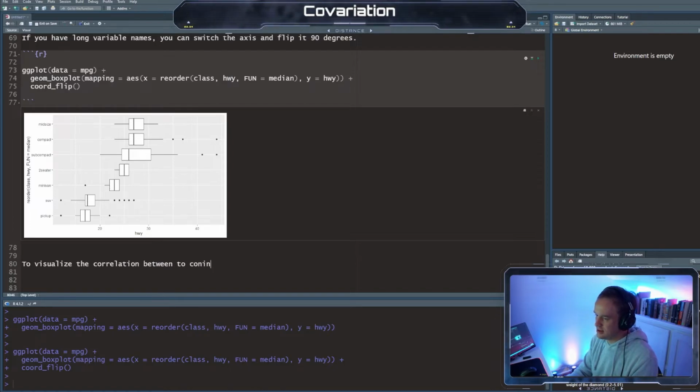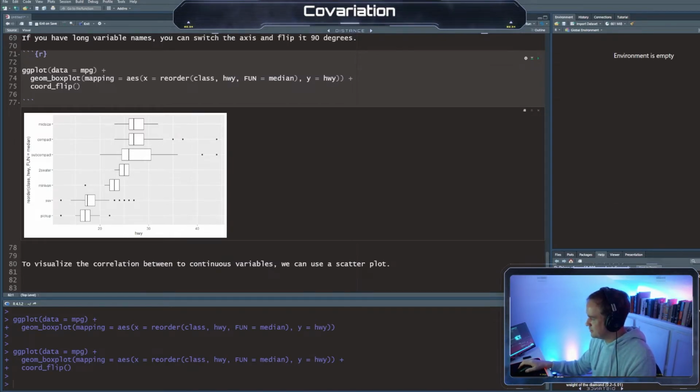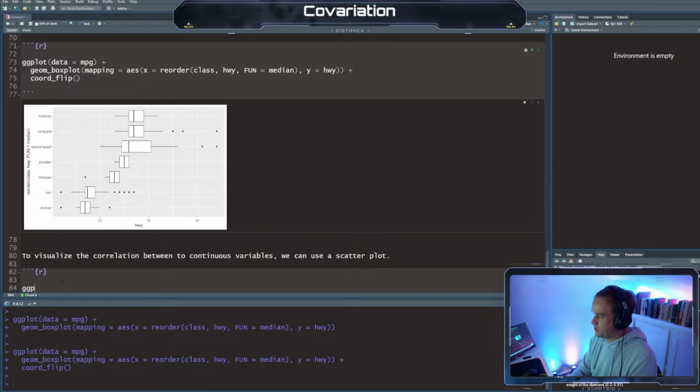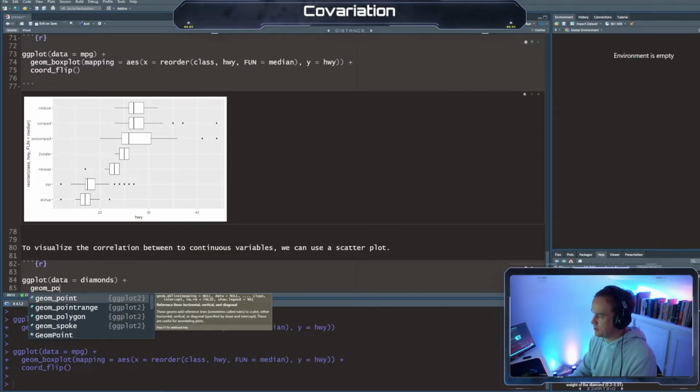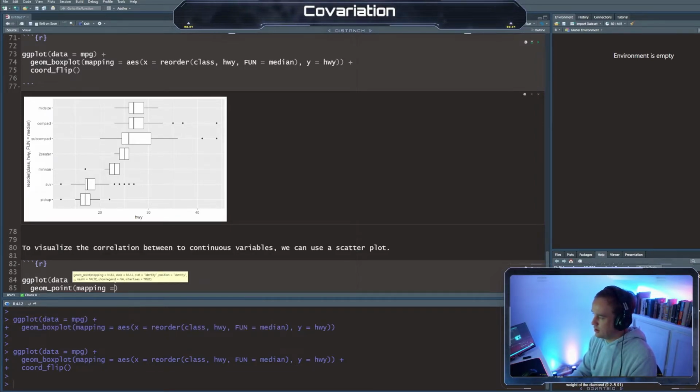Two continuous variables, you can use a scatter plot. So let's do ggplot data equals diamonds, and now let's do a correlation between x equals carat and y equals price.